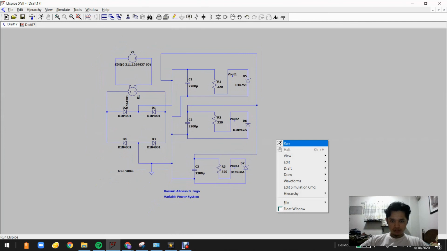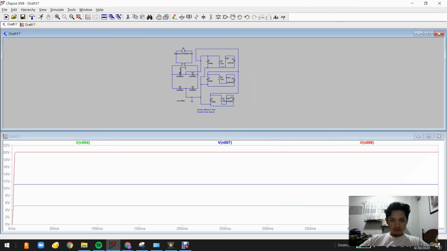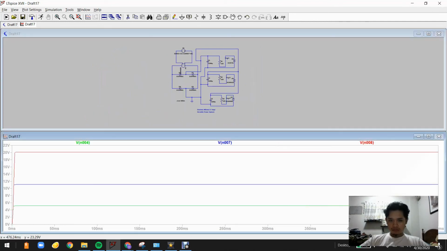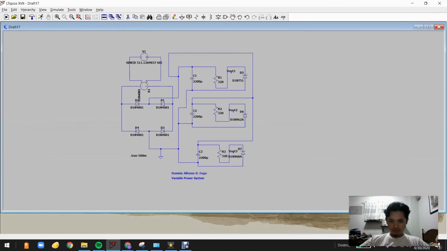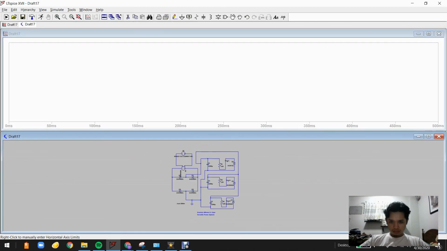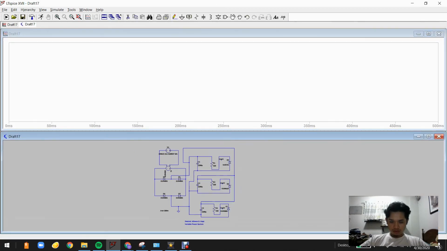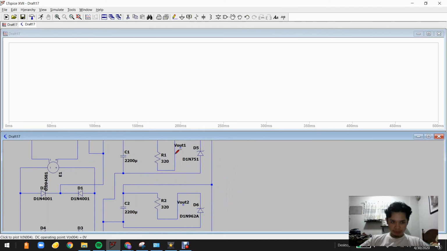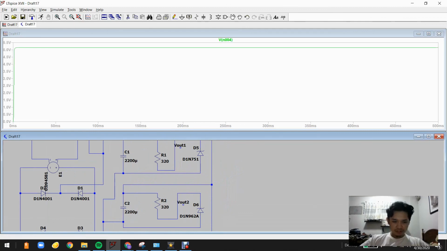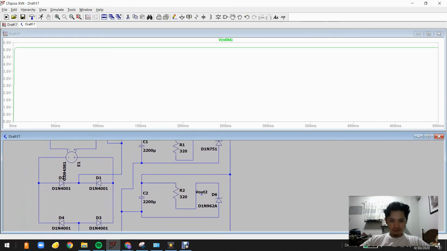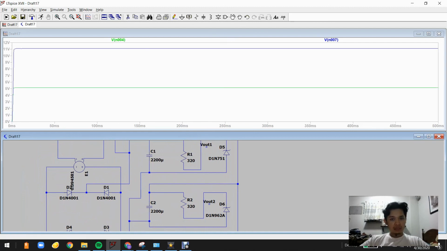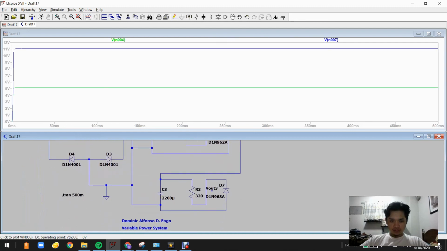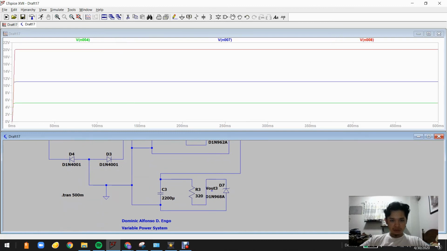Now, let's see. Oh, yeah, let's do those. So for V out 1, there's 5. The steady supply of 5 voltage, and steady supply of 11 voltages, and steady supply of 20 voltage.